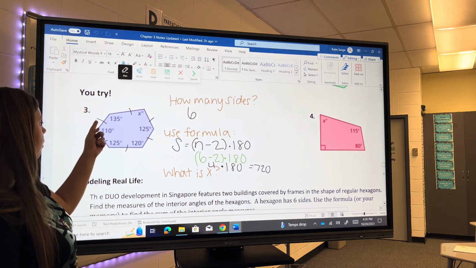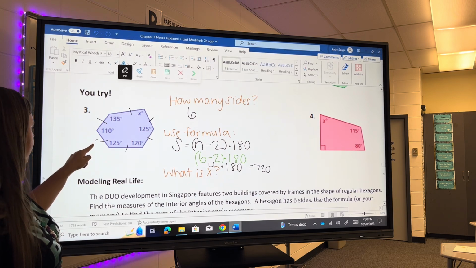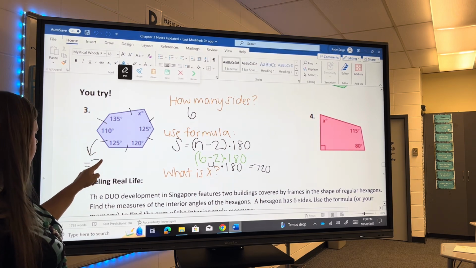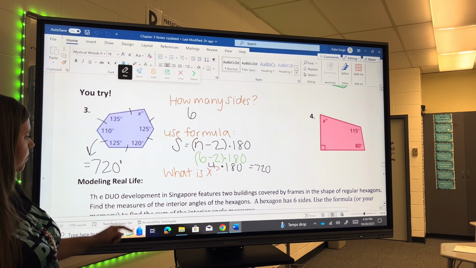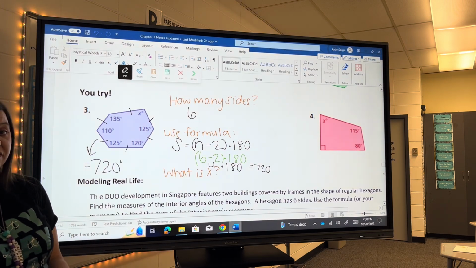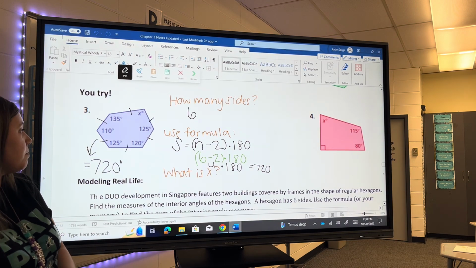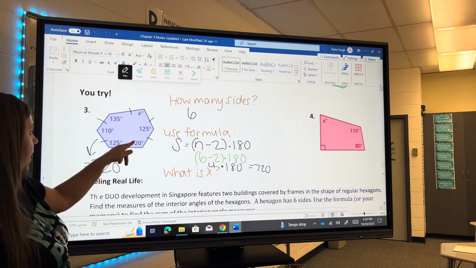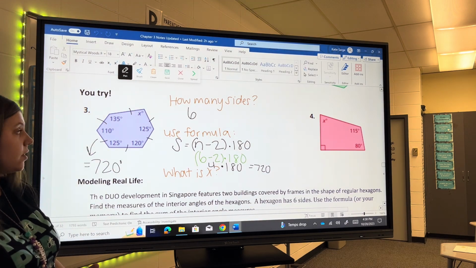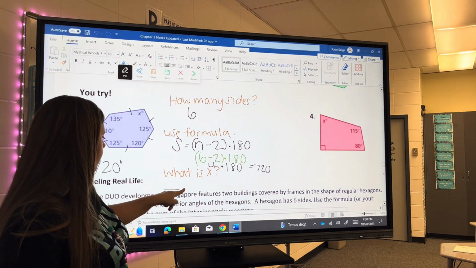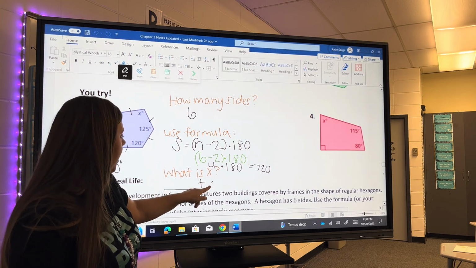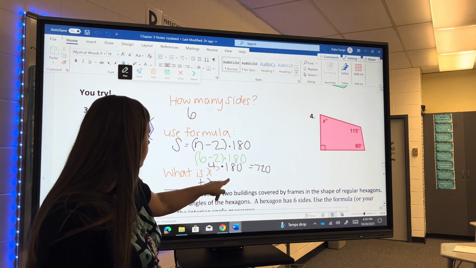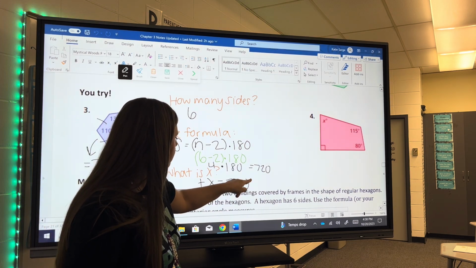That means that all of these angles added together should equal 720 degrees. But now how do we figure that out? How do we find the missing part? Okay, we need to start with what we have all together right now. Okay, so what we have plus x has to equal 720 degrees.